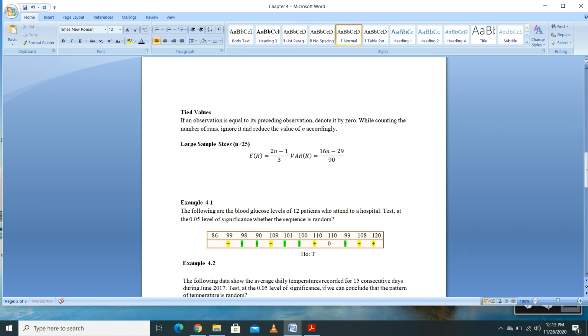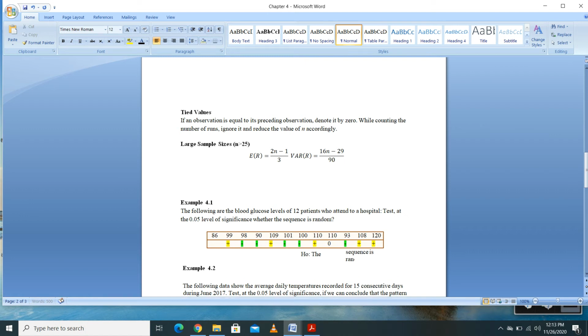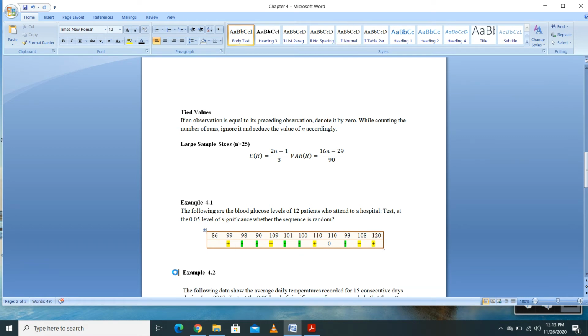The sequence is random, where H1 is the sequence is not random.